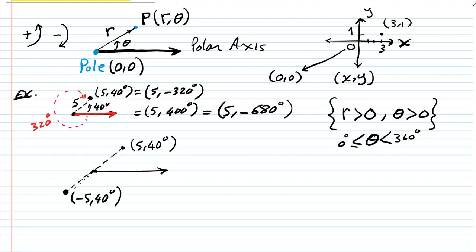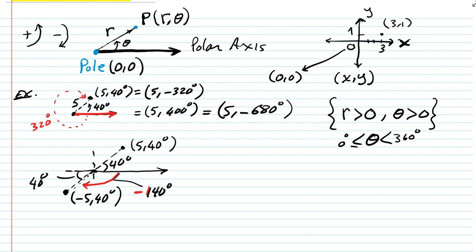Now, this point itself, the negative 5, 40 degrees, if you go in a clockwise direction, let's see, this angle is 40 degrees, and that means this angle is 40 degrees. So the supplementary angle to that is going to be 140 degrees, except if I go in a clockwise direction, it's going to be negative 140 degrees, correct?